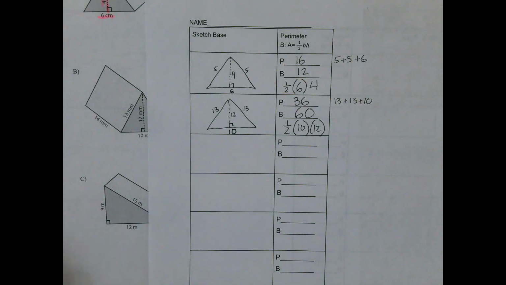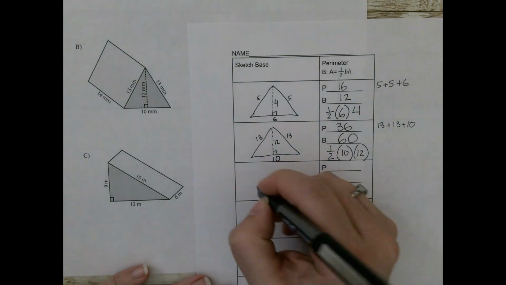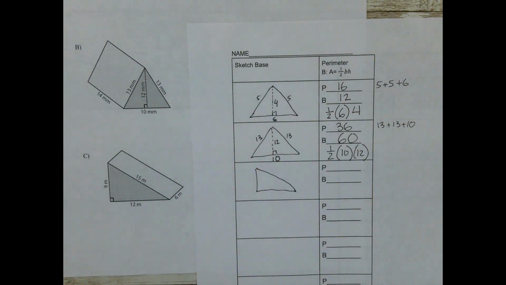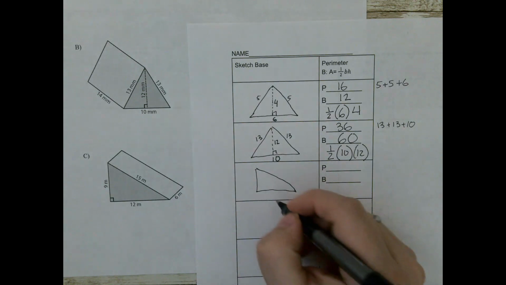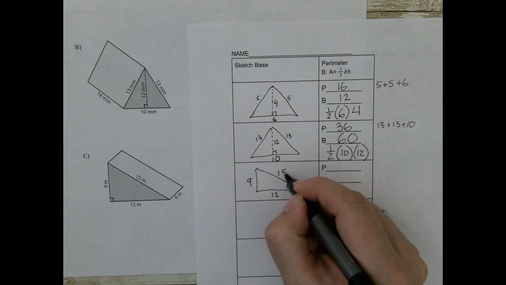All right, next one is a right triangle. So our sketch is going to look a little different. The bottom is 12, this side is 9, and this side is 15.